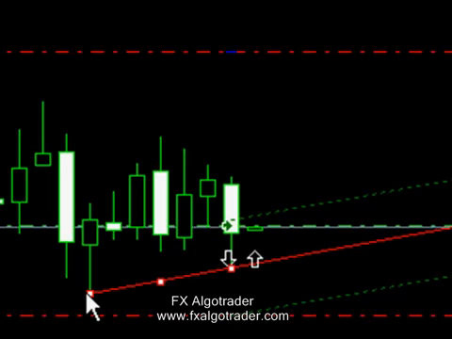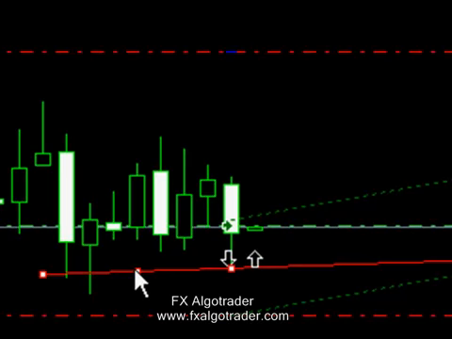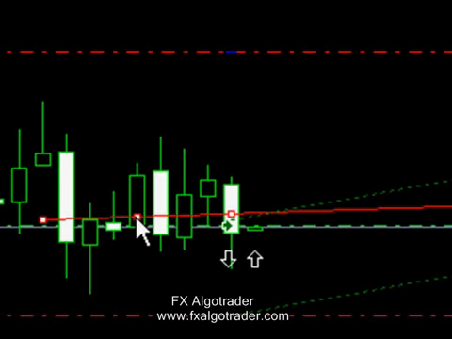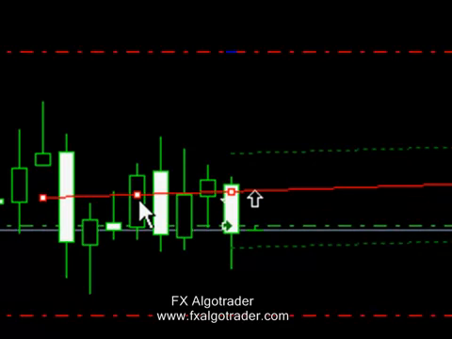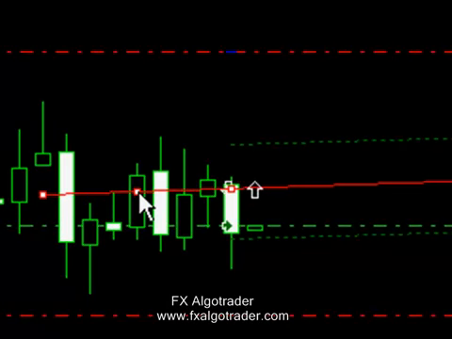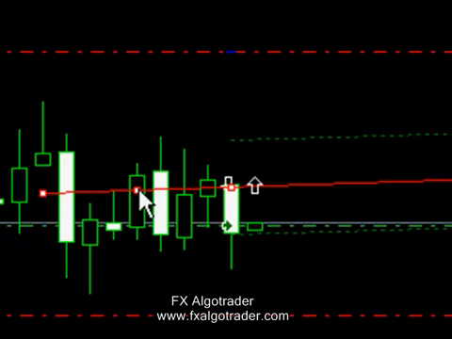Let's show you what happens if we just gently, artificially move this line up to simulate a situation where price action would break through the lower channel. I'm just moving up gently now.